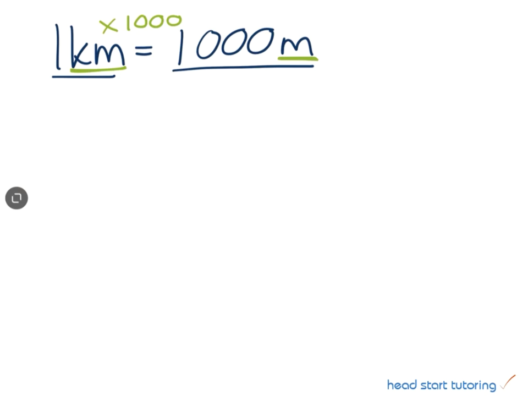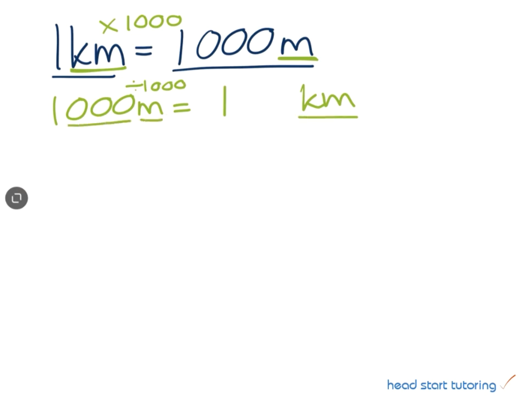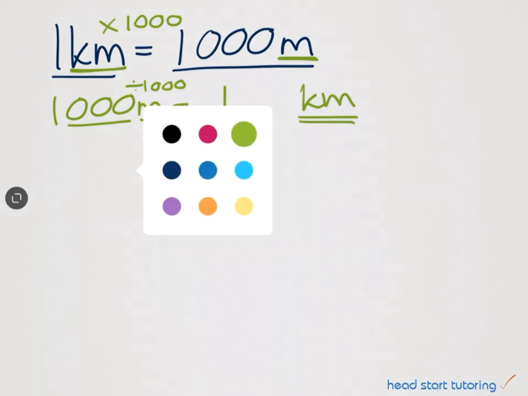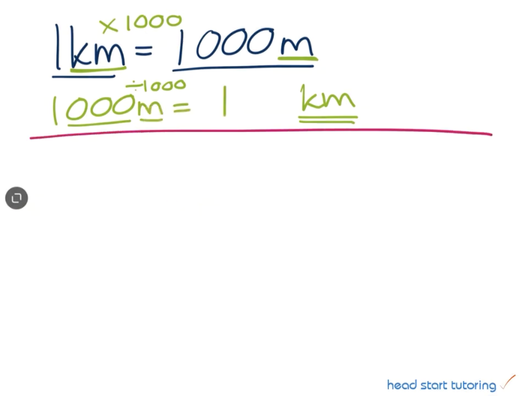When we are working the other way around, from meters into kilometers, we need to divide by 1,000 in order to get our kilometers, because going from our smaller measurement to our bigger measurement will mean that our number has to get smaller. It has to get 1,000 times smaller. So bearing this in mind, let's have a look at some examples.